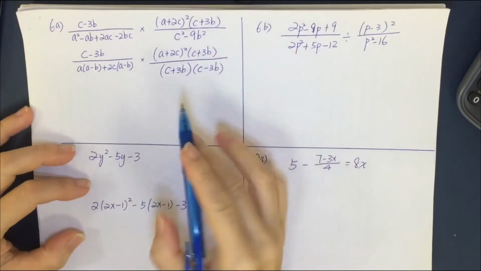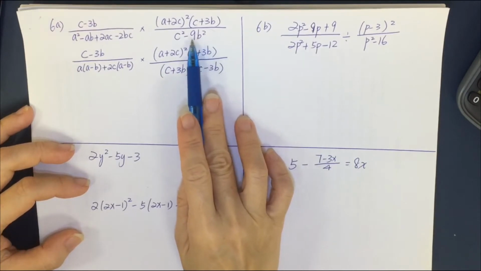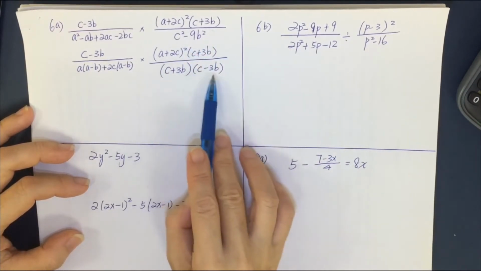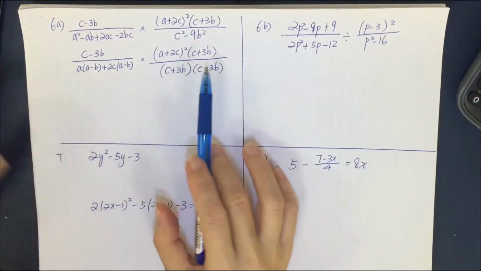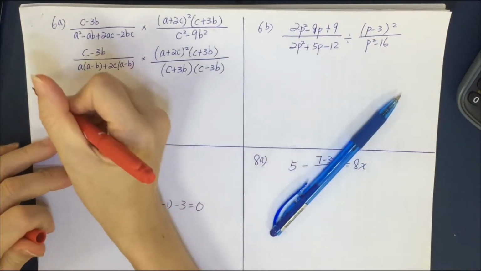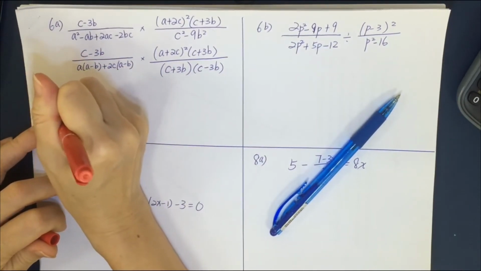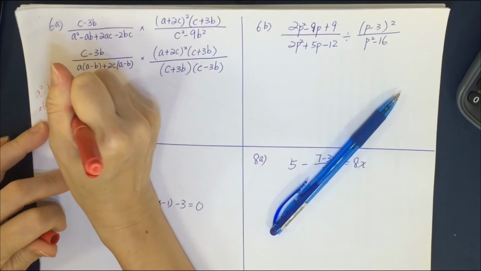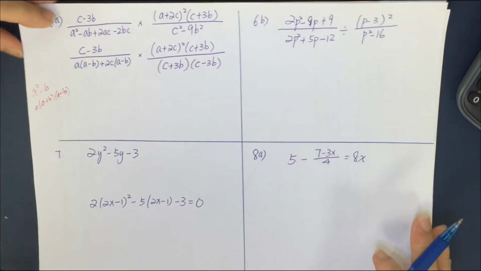Why is it that I can do this? It is because my 9b squared is actually 3b times 3b. So now I have a squared minus b squared, which will be a plus b times a minus b. So that's how I get this one.